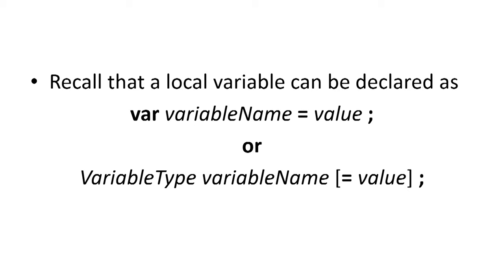Or you can be explicit about it, and you can say, instead of var, here's the type, here's the name of the variable, and then optionally you can say whether you want a value or not. You have to eventually provide a value before you read the variable, because C# requires that local variables be definitely assigned before they're used.